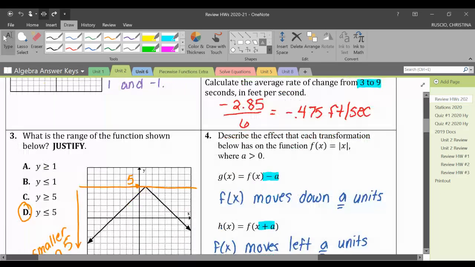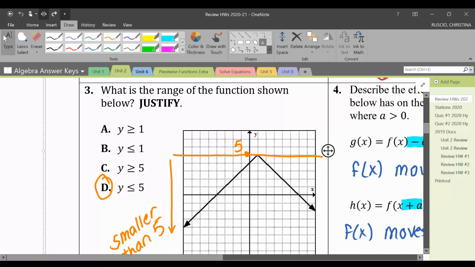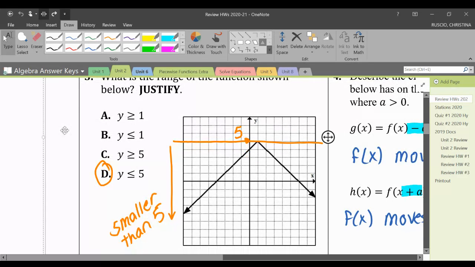All right, let's take a look at question number 3. Number 3 says, what is the range of this function? If I look at all of my answer choices, notice how it's talking about the y values, which is the range. My range is a maximum of 5 and a minimum of, well, those arrows are pointing towards -infinity.